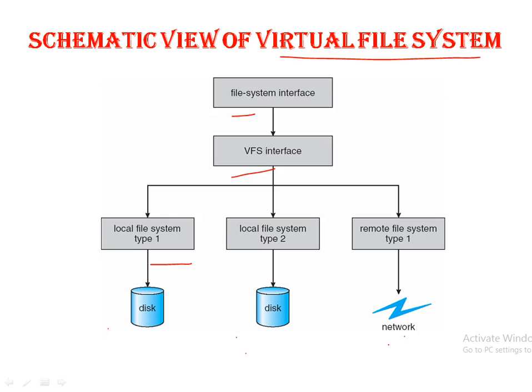So what does this do? The second layer is called the virtual file system layer, that is your VFS. This layer has two important functions. One is it separates the file system generic operations from their implementation by defining a clean VFS interface.